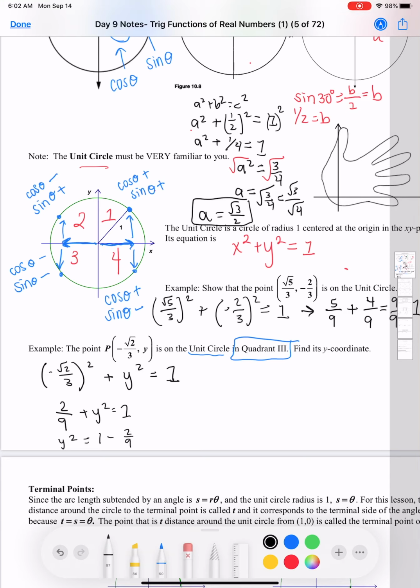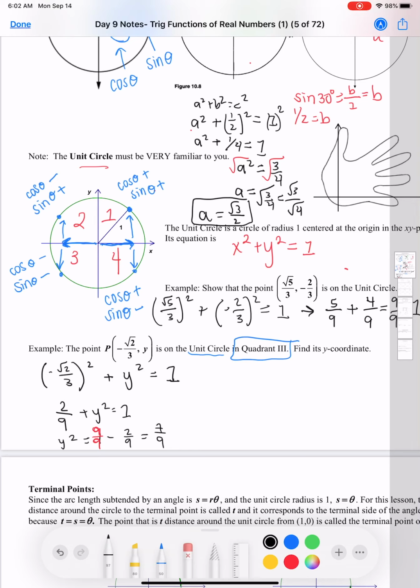But I need a common denominator to do this subtraction. So instead of writing 1, I want it to have a denominator of 9. So I'm going to write it 9 over 9. All right, and then 9 minus 2 gives me 7 over 9.